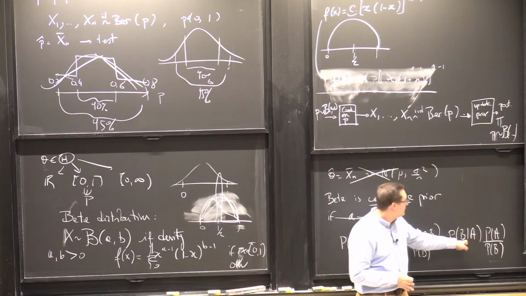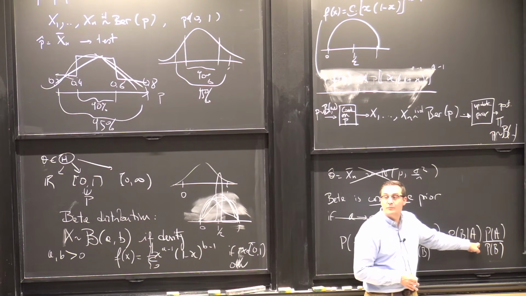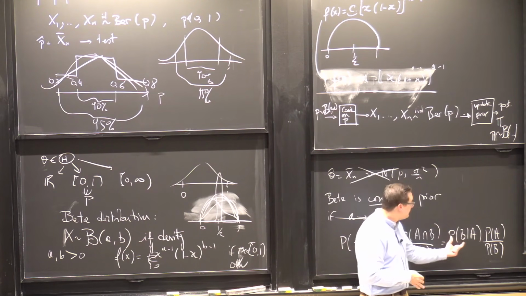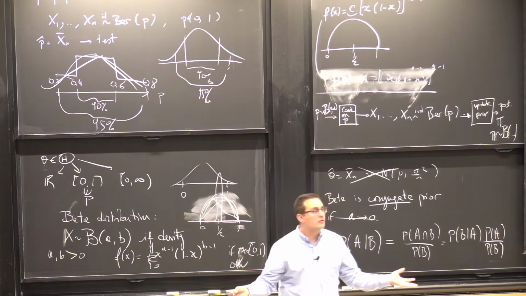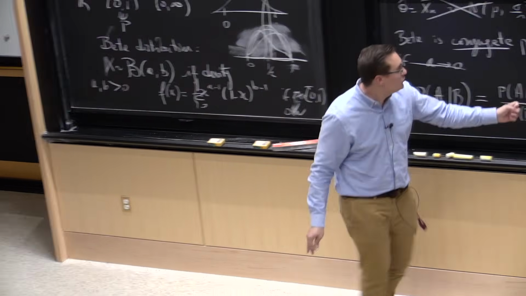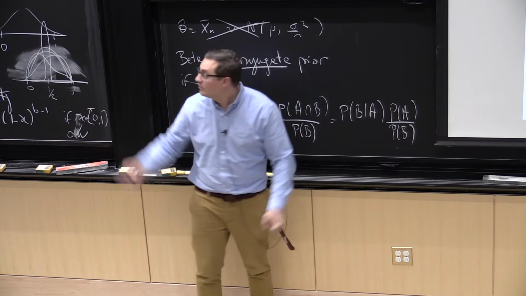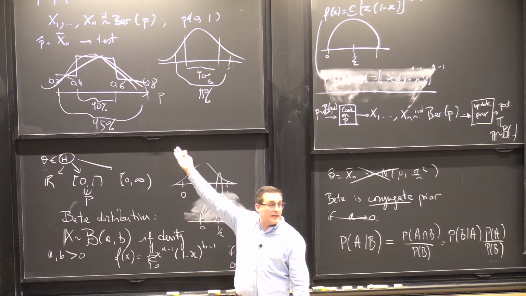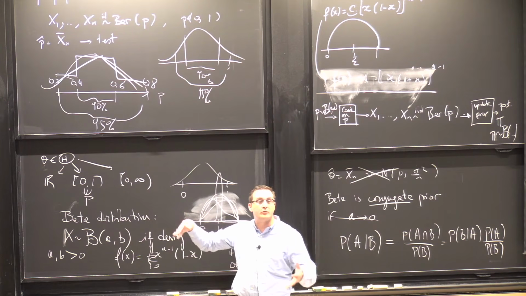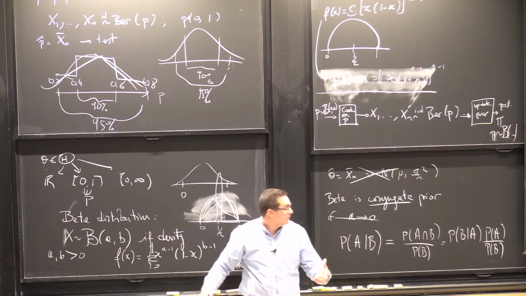And this is going to tell me the distribution of the data given that I know what my parameter theta is. But that part, this is what we've been doing all along. The distribution of the data given the parameter here was IID Bernoulli P. I know exactly what their joint probability mass function is.